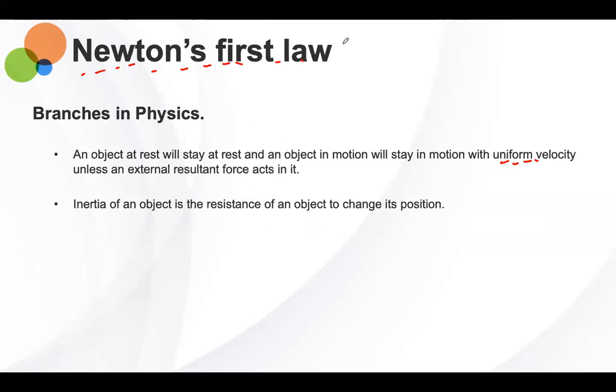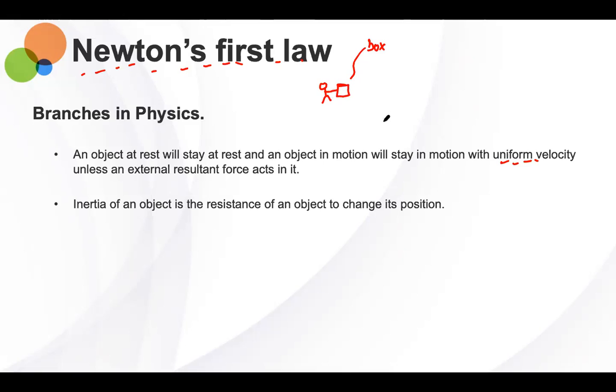So an object will stay at rest. If we have a fridge here, or let's just say a random box, this box will remain at rest. Our box here will not move unless somebody, a very strong person, applies an external force.